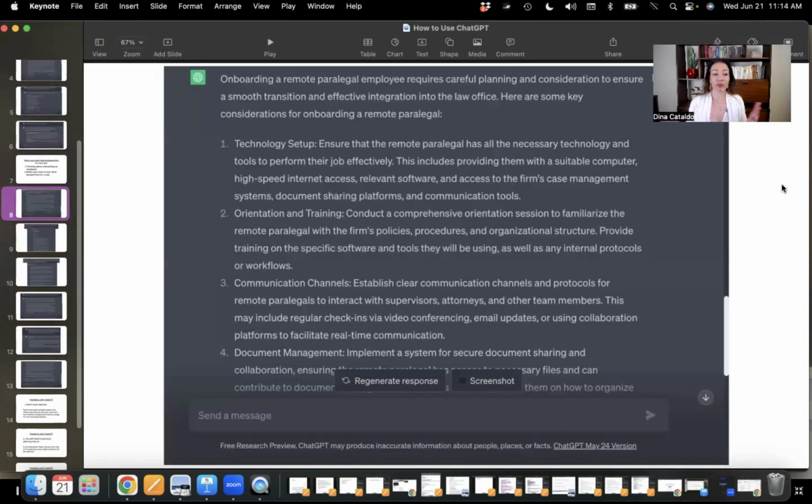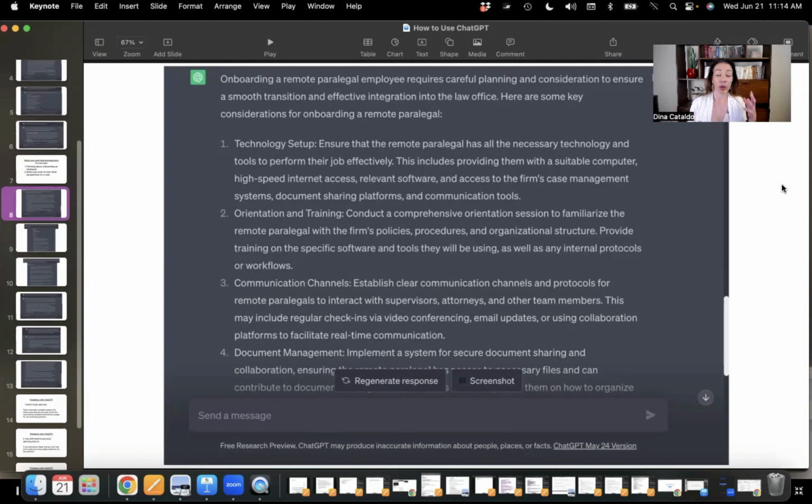So let's talk about that first area, like really using this in areas of your practice that might be something you don't think about all the time. One question I asked it is, how would you onboard a remote paralegal employee? And it gave me some considerations.